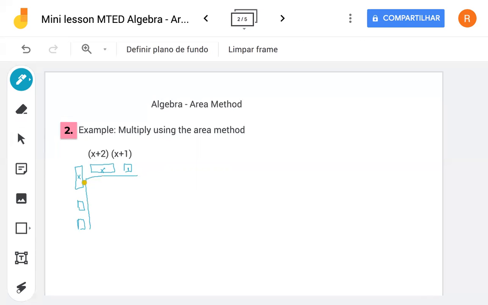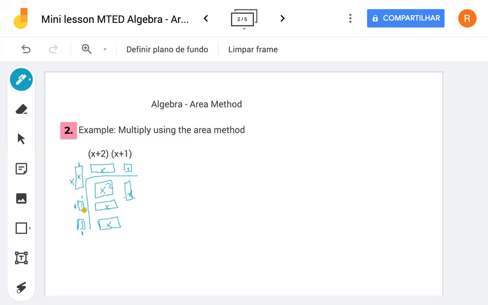So let's do it together. x times x will be x squared, because here is the length, and the width is equal to 1. So x times 1 will be x. 1 times x, here we have x. 1 times x will be another x.